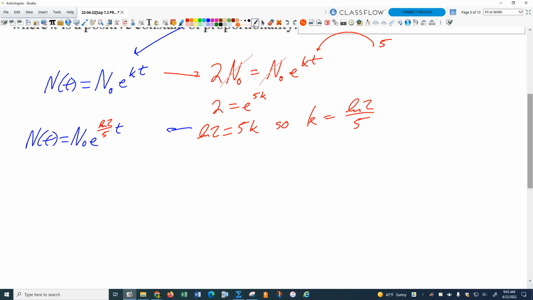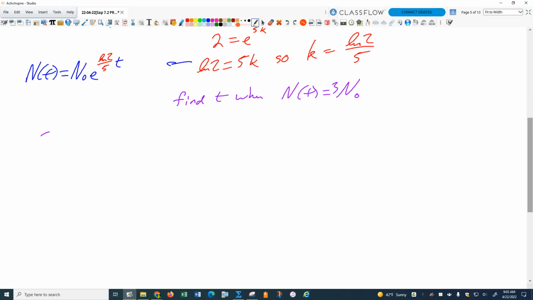In other words, what we're trying to do is find t when n of t equals 3n naught. That constitutes tripling, right? So we get 3n naught equals n naught e to the log 2 over 5t.